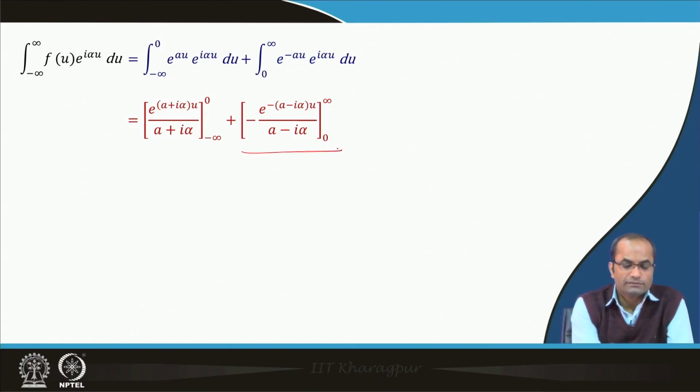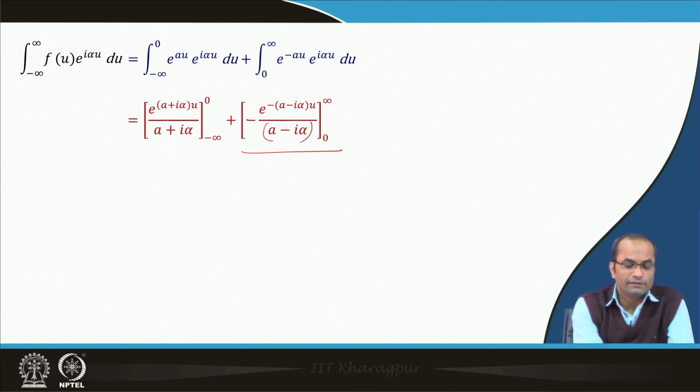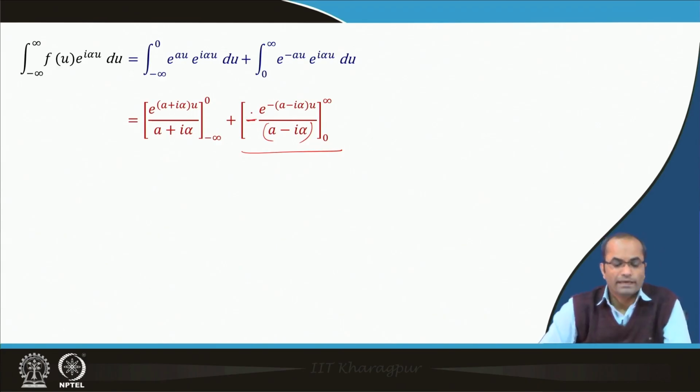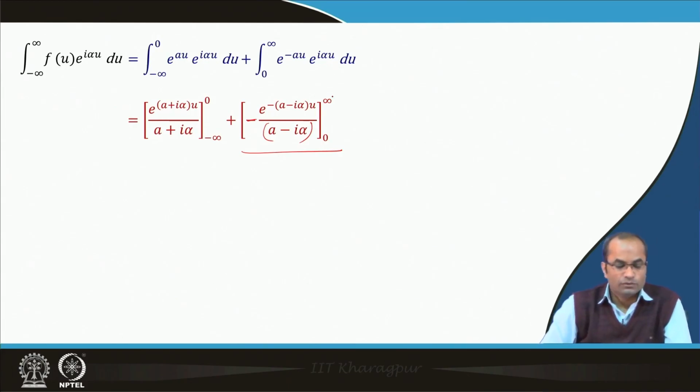In the second case, we have e power minus (a minus i alpha) u, and therefore this a minus i alpha will be there in the denominator, and when we have integrated, there will be a minus sign. This limit again is from 0 to infinity.